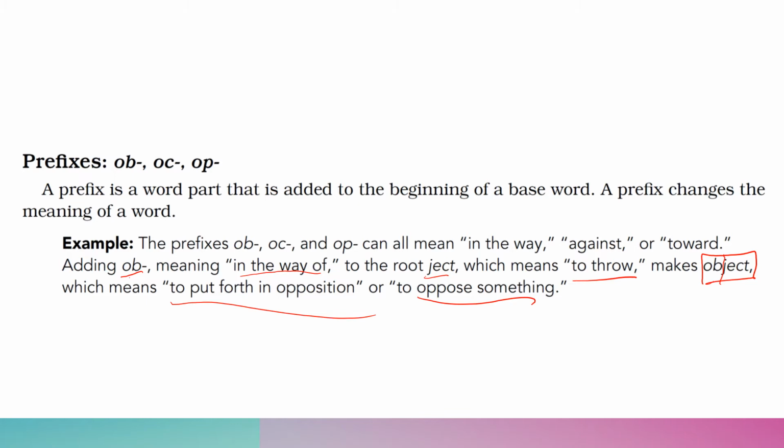I object: to oppose something. So your understanding of the prefix, in addition to the meaning provided for you of the root, together you come up with the new meaning of the word.